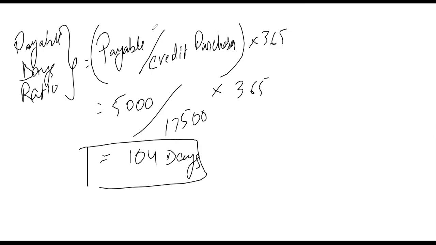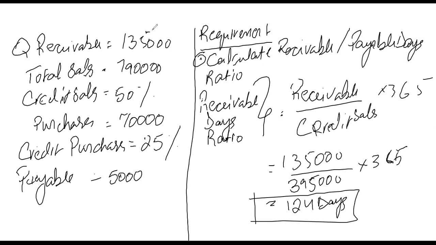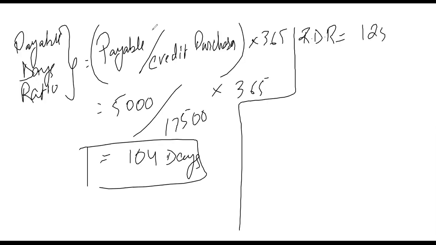Now let me interpret a beautiful conclusion for such a company. The receivable days ratio of this company is 124 days, and the payable days ratio of the company is 104 days.